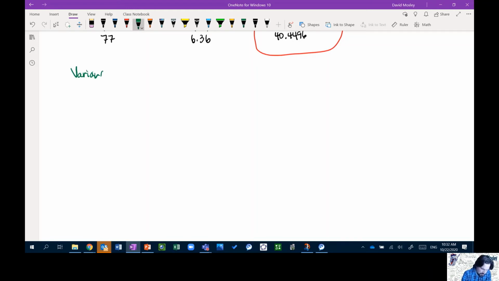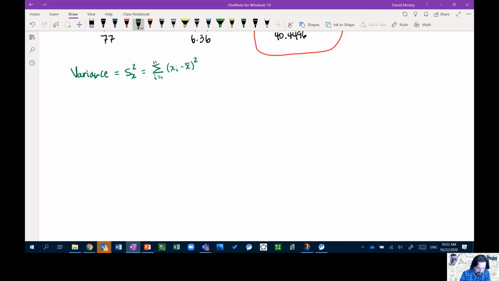So our variance, this is our little notation for variance, s sub x squared, is equal to the sum from 1 to 11. That's because I have 11 observations. x sub i minus x bar squared. This is the sum of all the squared differences.